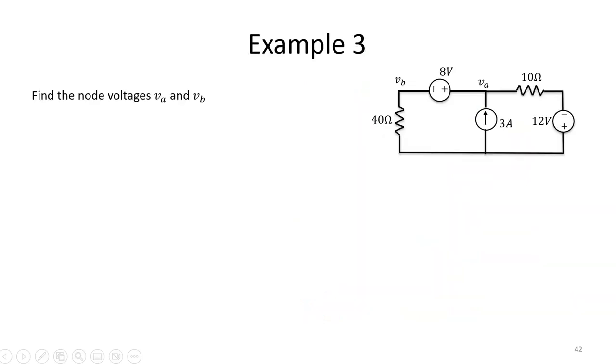Let's do a couple quick examples before we end for today. In this first example, we're looking to find the voltages VA and VB. Go ahead and pause the video if you'd like. See if you can solve these.